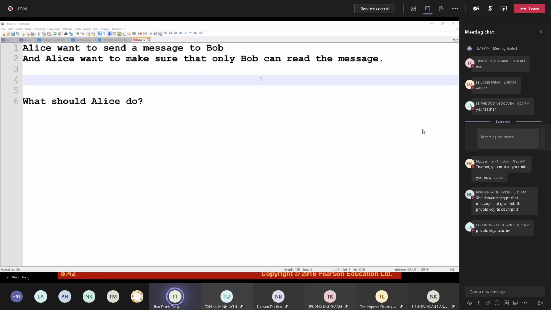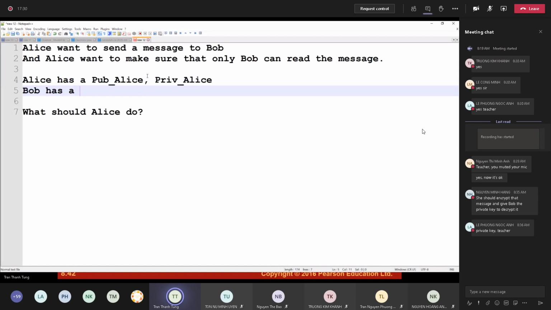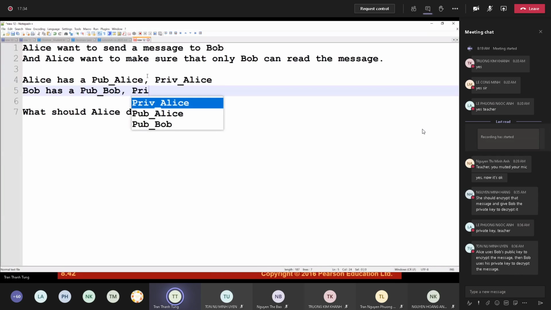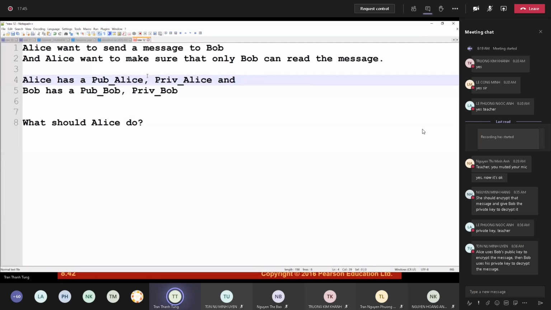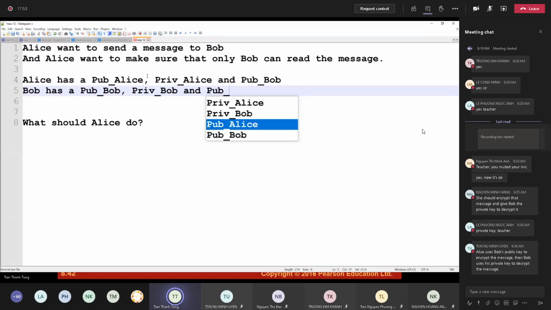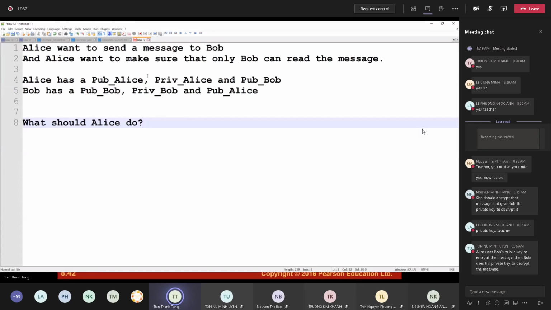So we have Alice with a public key of Alice and a private key of Alice, and Bob has the public key of Bob and the private key of Bob. Because the public key means everyone can have it, Alice also has the public key of Bob, and Bob can have the public key of Alice. Now, what should Alice do?